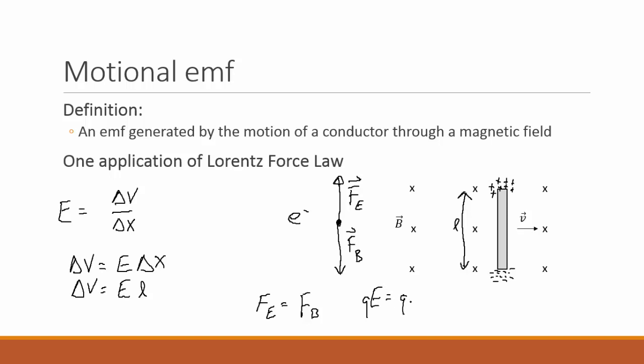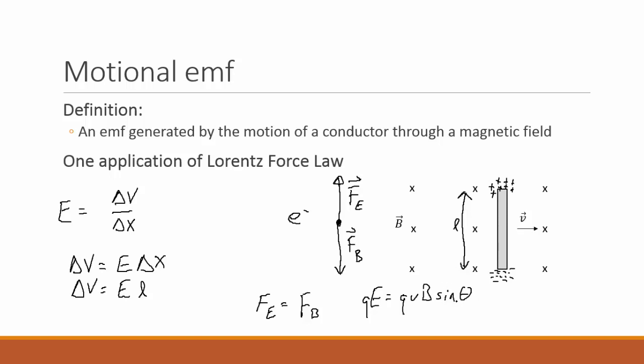The magnetic force is qvB sine theta, where theta is the angle between the velocity, which is directly to the right, and the magnetic field, which is into the page. And since into the page and to the right are at 90 degrees, we have the sine of 90 degrees, which is simply 1.